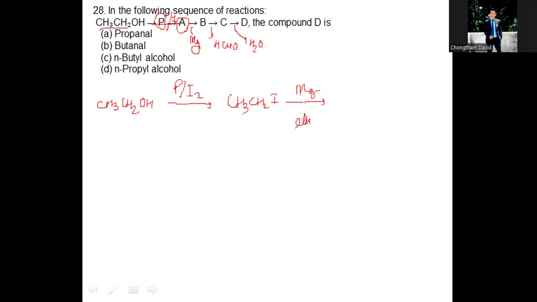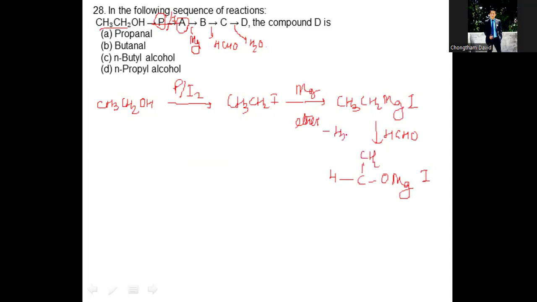Magnesium in ether will give you your Grignard reagent. Then again treated with carbonyl, that is aldehyde, formaldehyde. You will get addition product by removal of water molecule. Water will not be in the product.